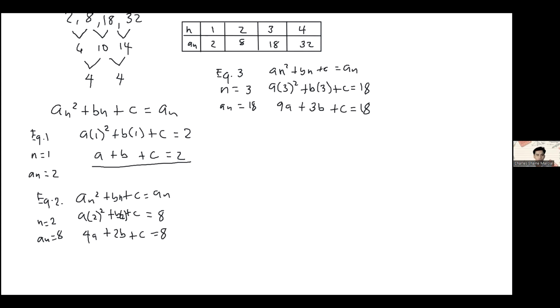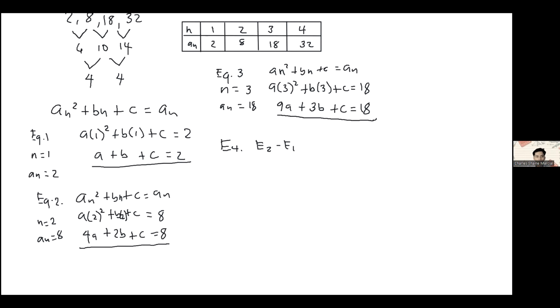So we have the equation 1, a plus b plus c equals 2. Equation 2, 4a plus 2b plus c is equal to 8. And equation 3, 9a plus 3b plus c is equal to 18. Now, to find the equation 4, ang gagawin natin is we will subtract equation 2 minus equation 1.